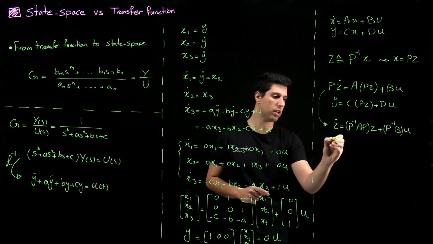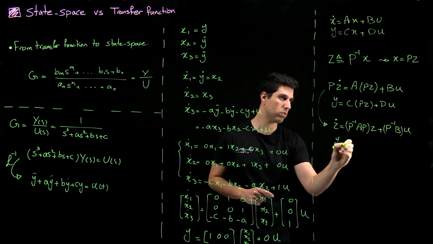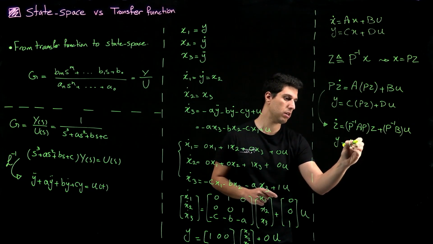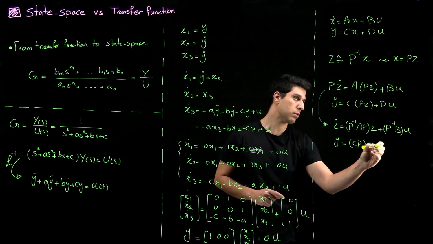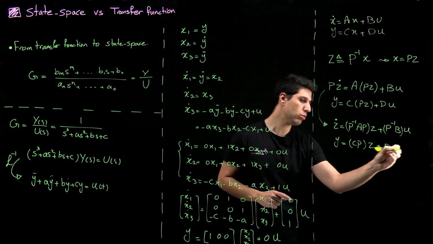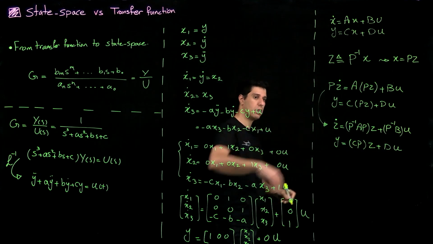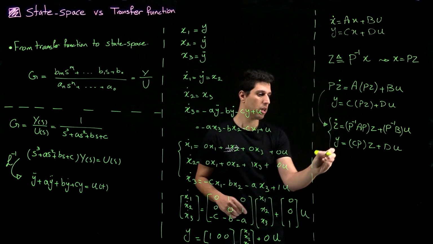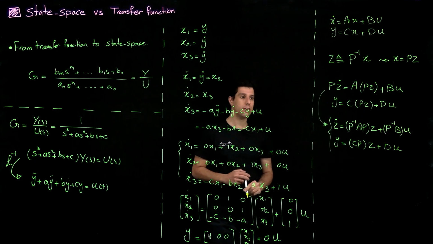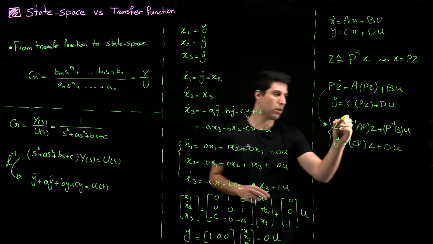And the second one I keep as is, so y equals CP z plus Du.